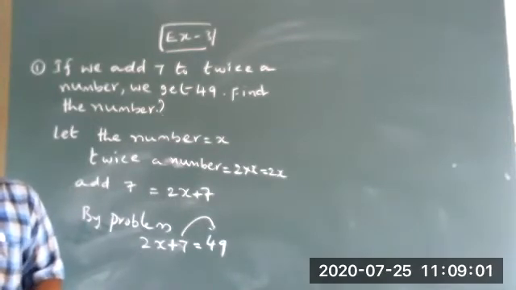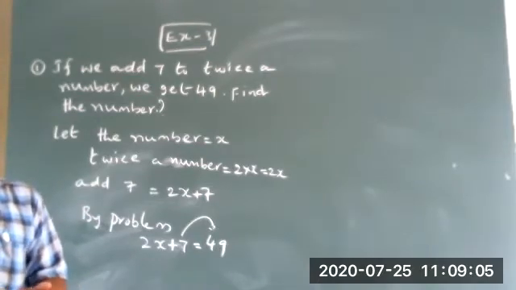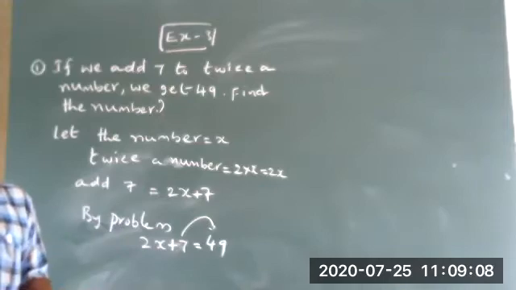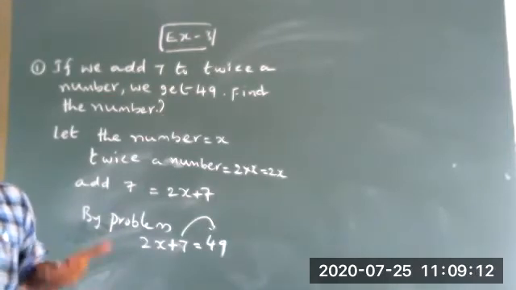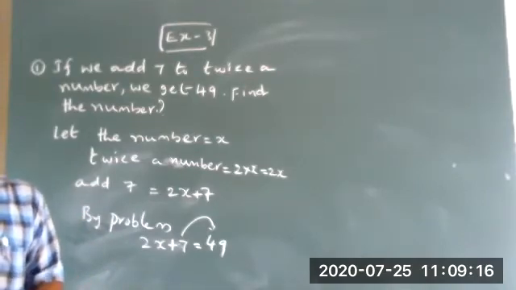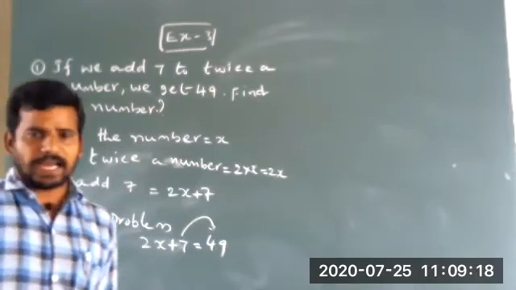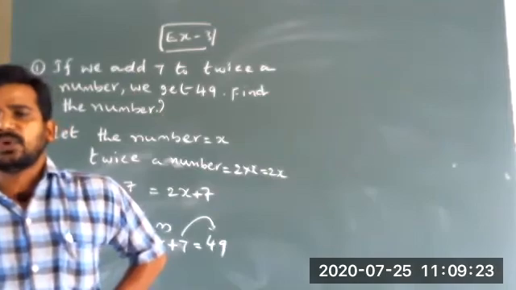A plus quantity becomes a minus quantity on the RHS side. A minus quantity becomes a plus quantity on the RHS side. A multiplication quantity on the LHS side becomes a division quantity on the RHS side. A division quantity on the LHS side becomes a multiplication quantity on the RHS side.